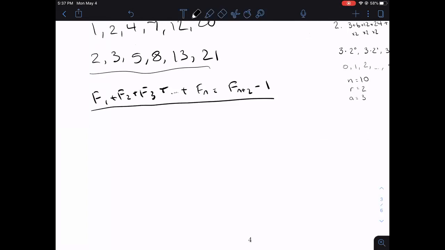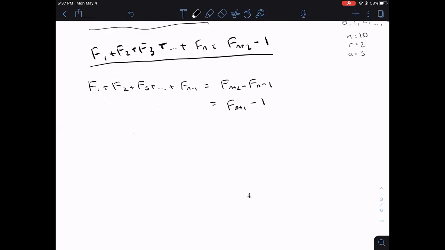So we first subtract Fn from both sides. And what is this equal to? F(n+1) minus Fn, just by the definition of Fibonacci, is F(n-1). And we repeat, we subtract F(n-1) from both sides.